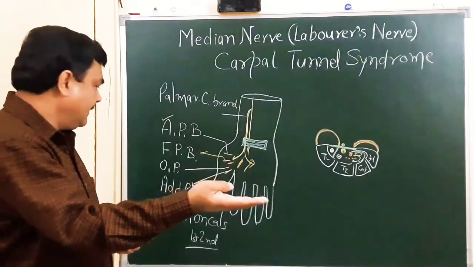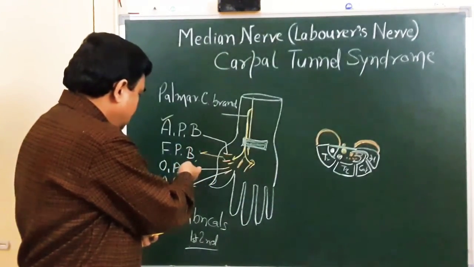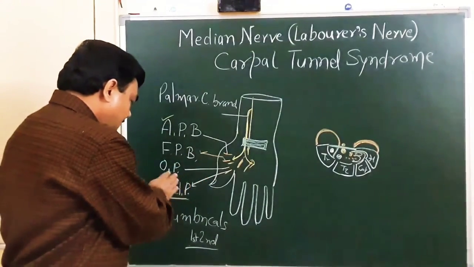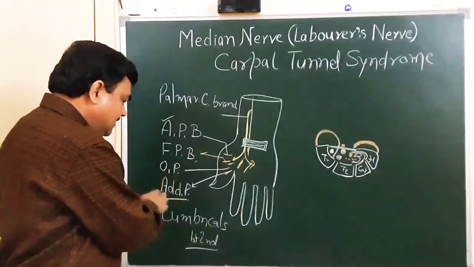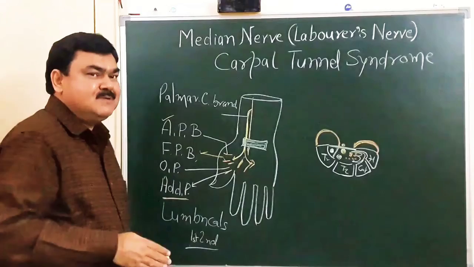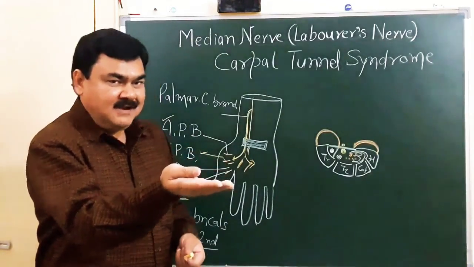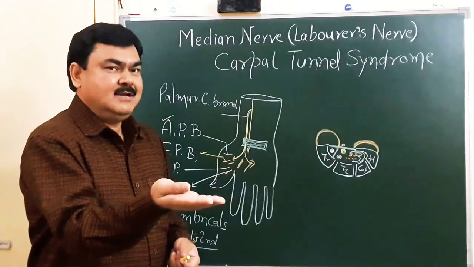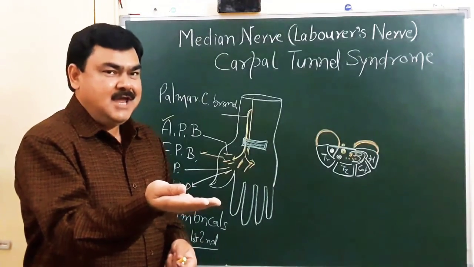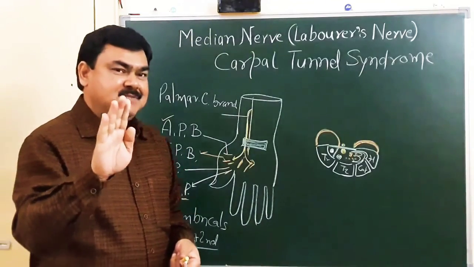These muscles become paralyzed, and due to the unopposed action of adductor pollicis, the thumb becomes adducted like this and slightly laterally rotated. This typical presentation is known as ape thumb deformity or simian hand.